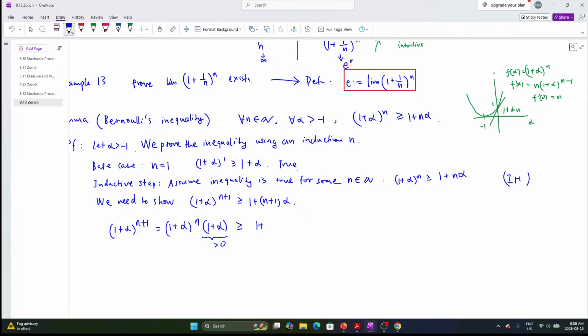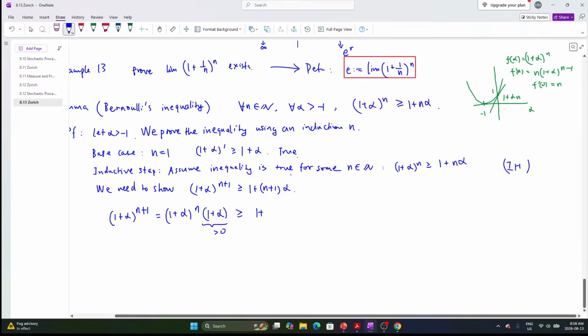Okay, so even though this diagram is useful, it's actually misleading for certain values. So be very careful. It's not true for all the alpha, okay? If you say n can be arbitrary, this is only true for alpha greater than minus 1. So be careful about that.